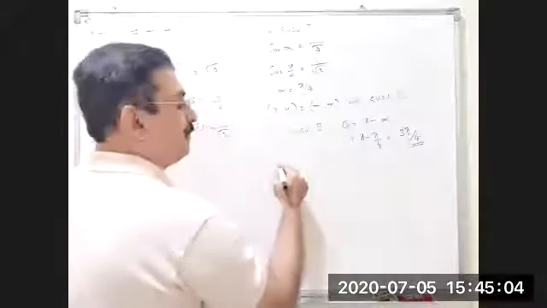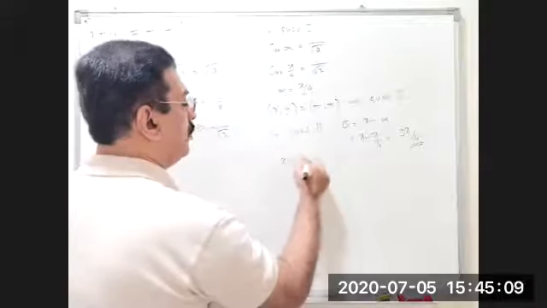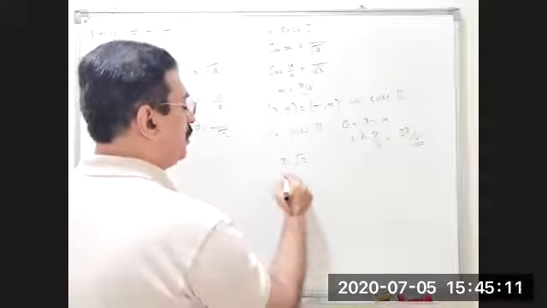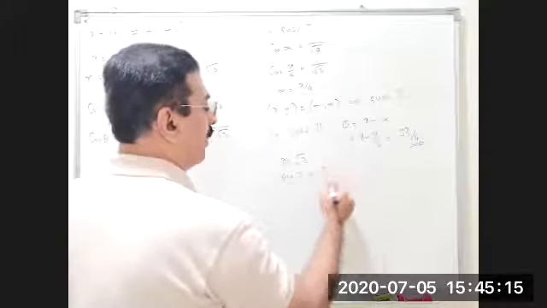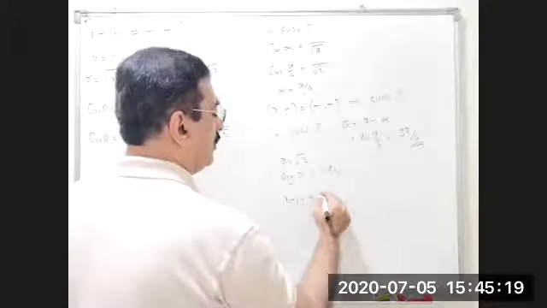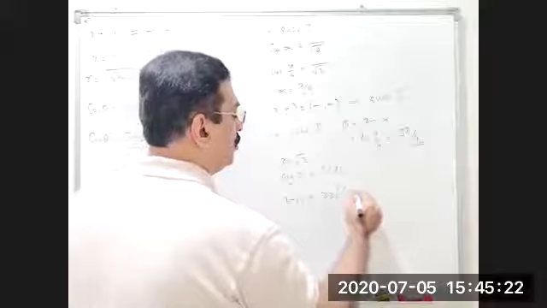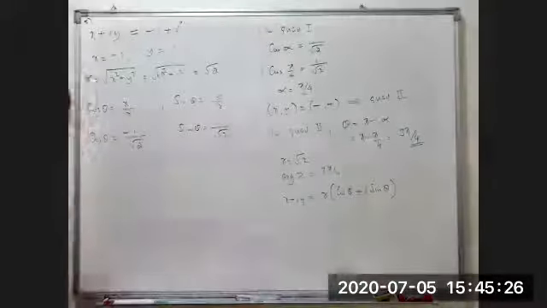So we got r is equal to root 2. Argument z is 3 pi by 4. Therefore, our x plus iy is r into cos theta plus i sin theta. This is called the polar form.